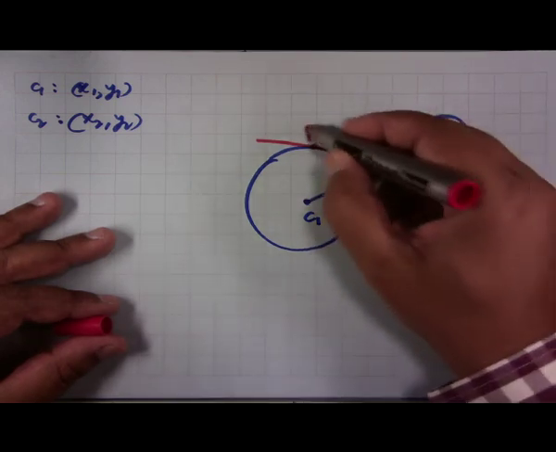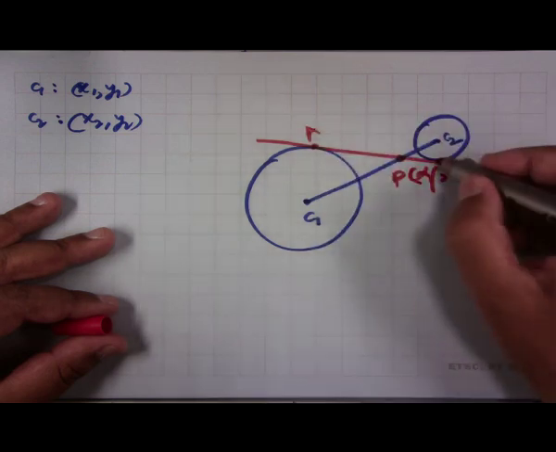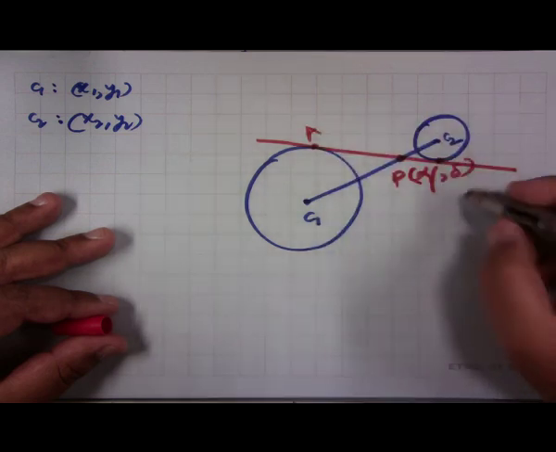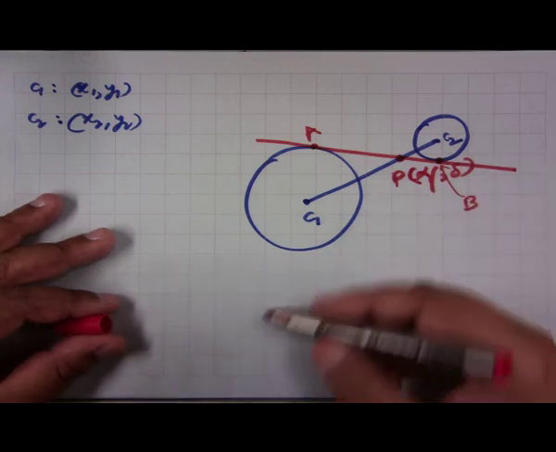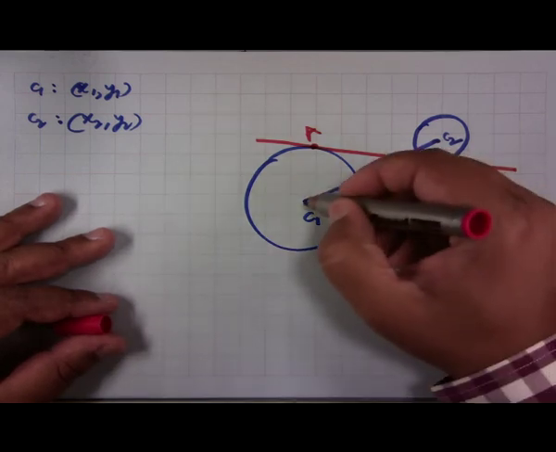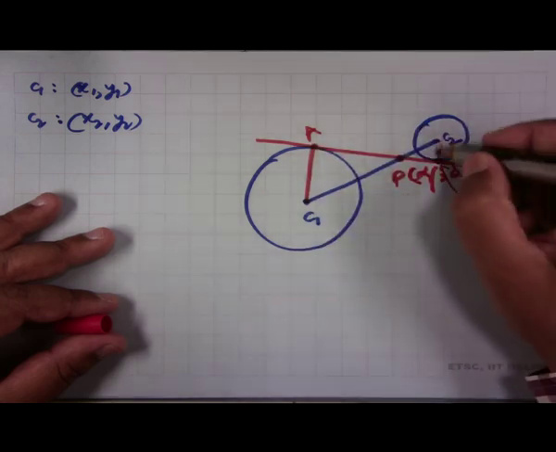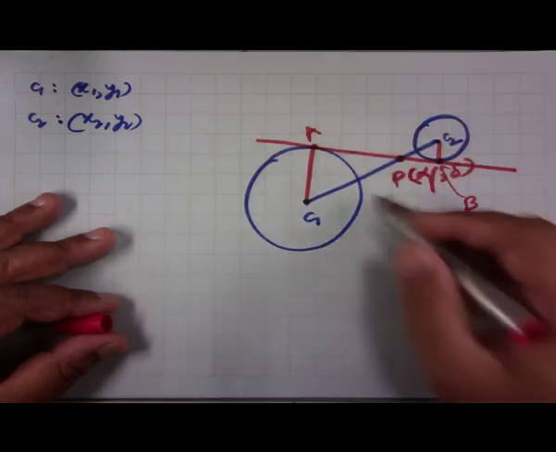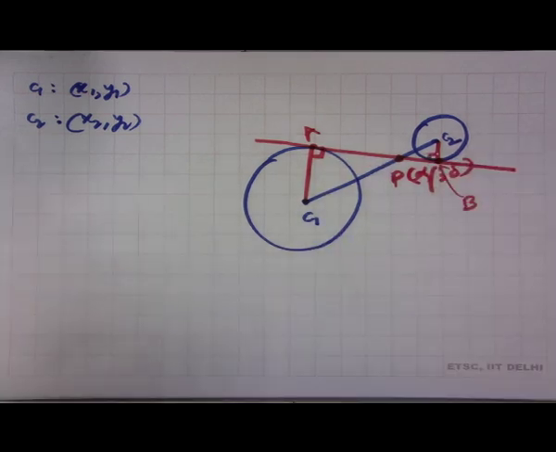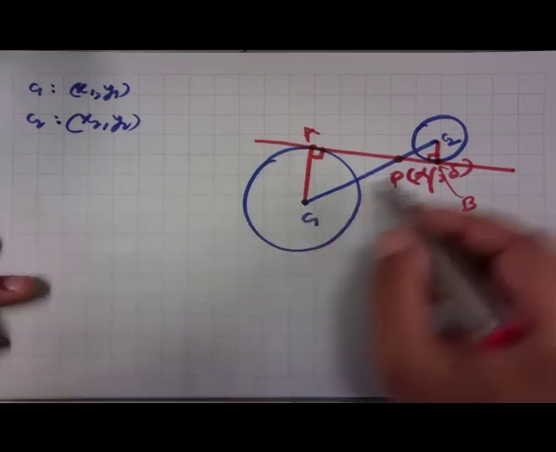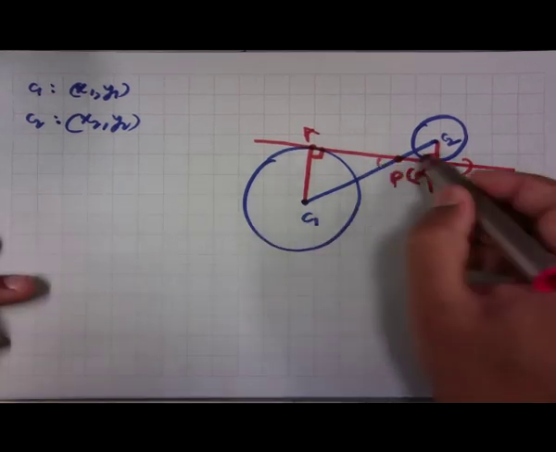Let this point be A, and this point here is point B, and let us join C1 to A and C2 to B. Then clearly this angle and this angle are 90 degrees, and as before it is quite clear that this angle and this angle are equal.